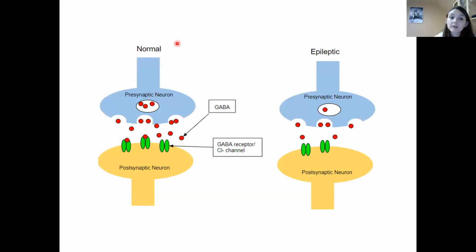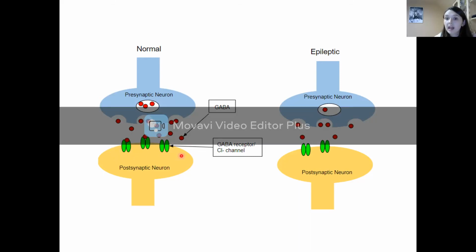So in a normal synapse, the presynaptic neuron will release GABA, and GABA will have an inhibitory effect on the postsynaptic membrane. It's in a physiological or healthy condition.